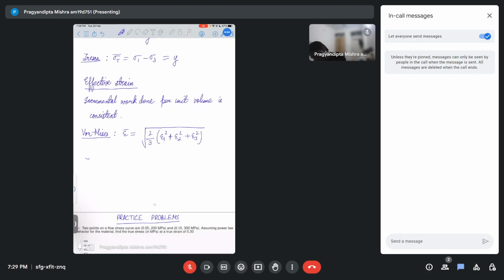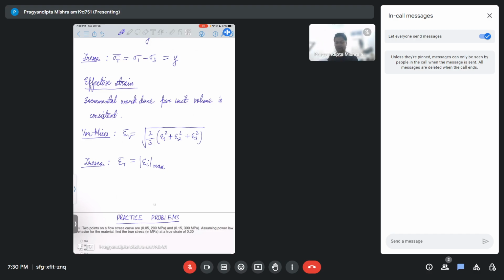While for Tresca it will be your epsilon maximum. Whichever is the maximum principal value, you just take that, the magnitude of that, not the sign. So you take the norm of all the three principal values, and whichever is the maximum one, you just take that.